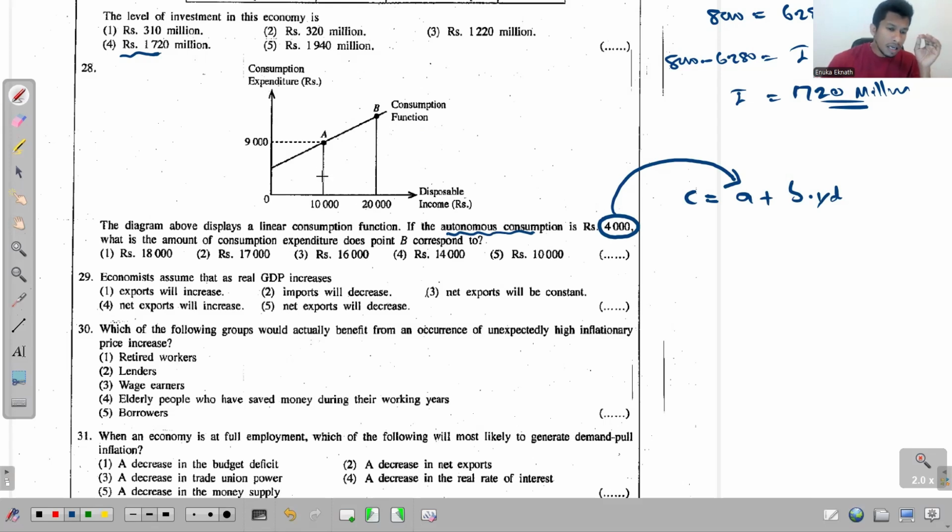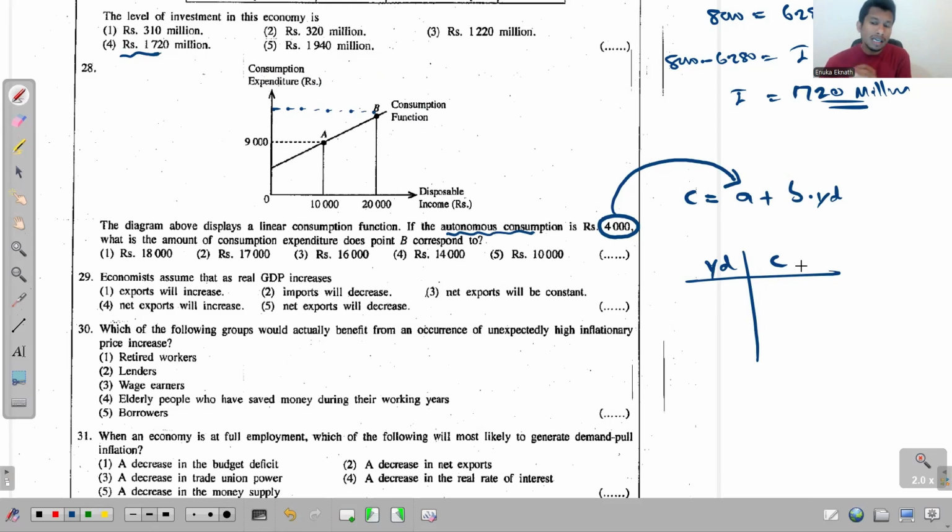And since they ask us to recognize the consumption expenditure at this point B, right, I believe that if you tabulate the data, it will make the calculations easy. So let me tabulate the data. So I just take a table with two columns. On one side, I write the disposable income.